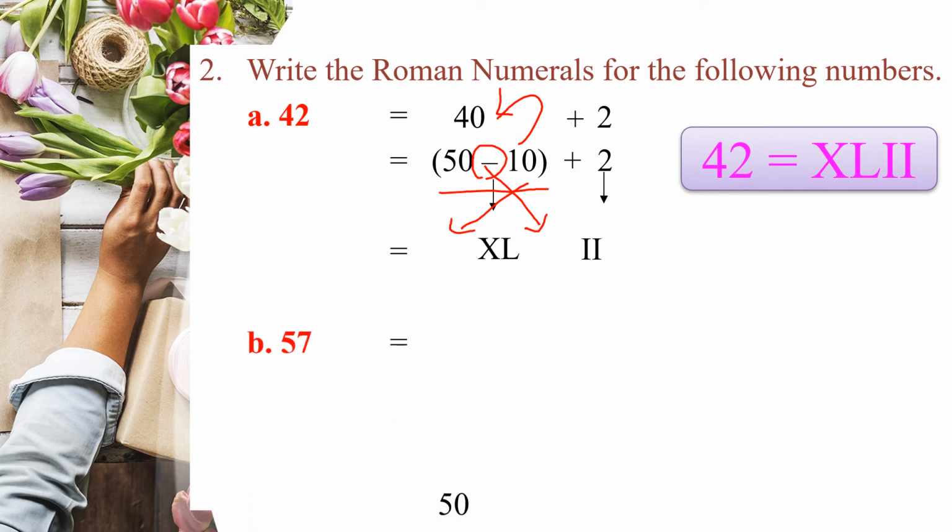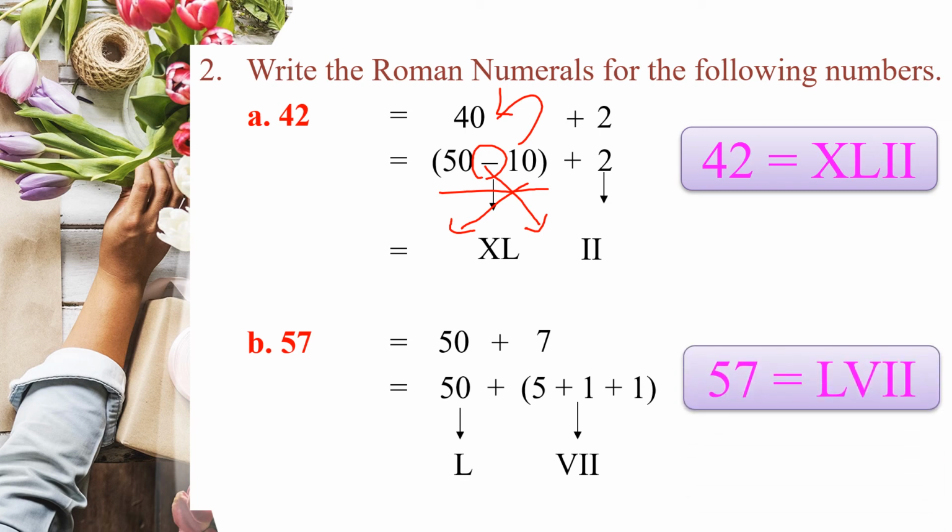B question, 57. 57 can be written as 50 plus 7. The symbol for 50 is L, and we know that 7 can be written as 5 plus 1 plus 1. Therefore, 50 is L, and 5 plus 1 plus 1 is VII. Therefore, 57 can be written as LVII.